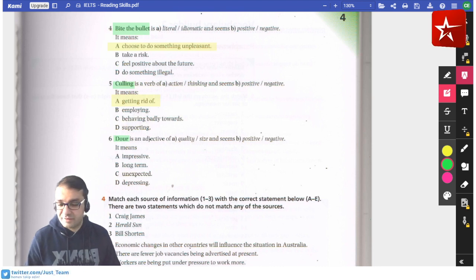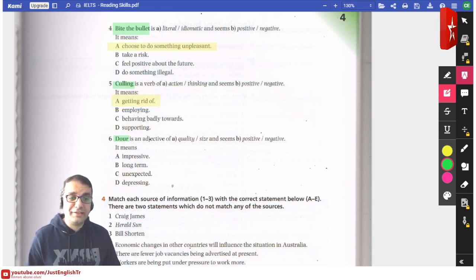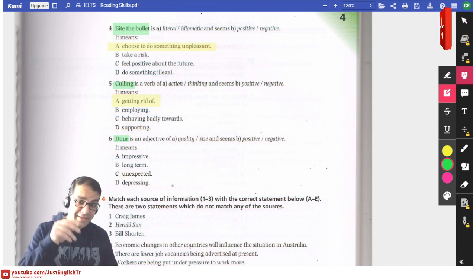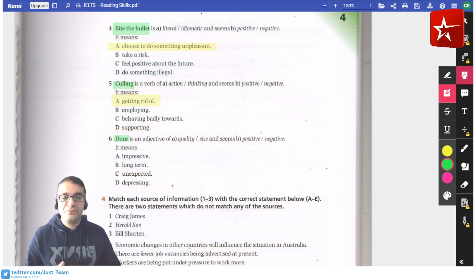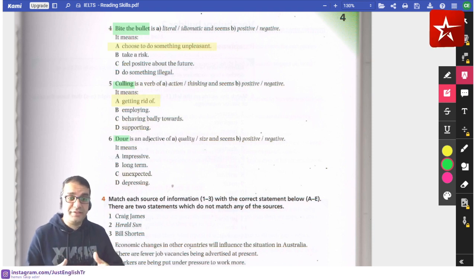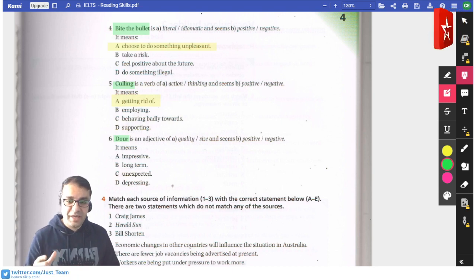and negative. Okay, now I will give you the answer. Yes, it's a quality and negative. So Medina is correct. Now, what is the meaning of this one in the case of quality and negative? Is it A, B, C, D? Which one is correct here?